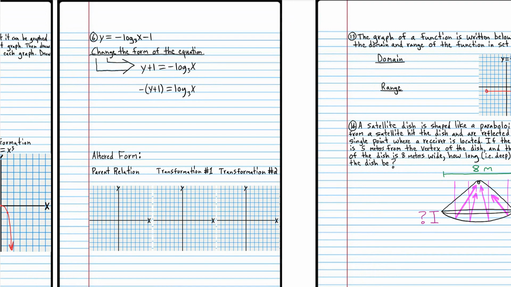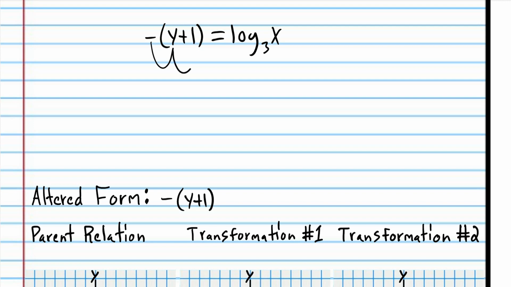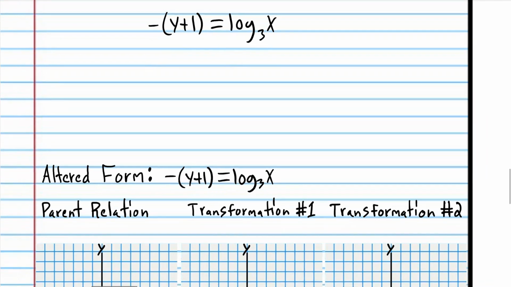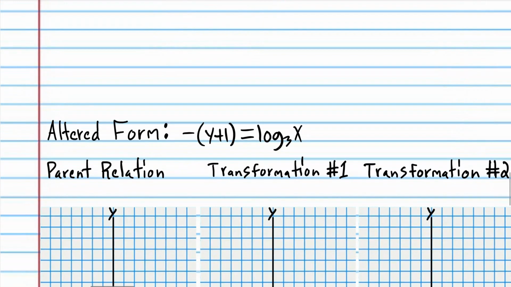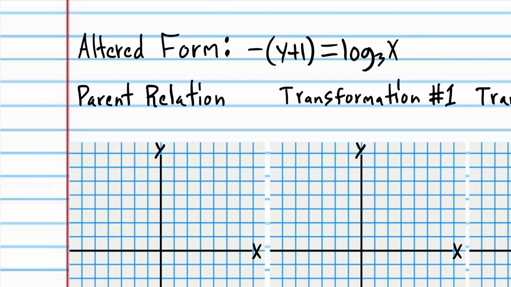So we didn't really need quite this much space here. We can write the altered form down here. And by the way, we could distribute this negative 1. You can do that if you want. But just be aware that the steps necessary when we transform the parent relation are going to be different. So we need to graph this relation. The parent relation is obviously y is equal to log base 3 of x.